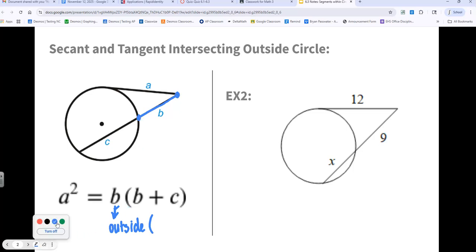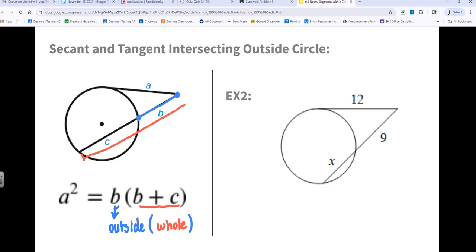And then B plus C is the whole line, right? Because if I take B and I add C to it, it gives me the whole line.